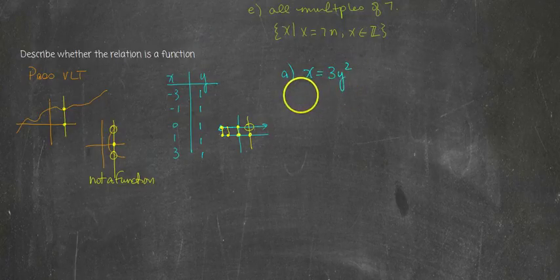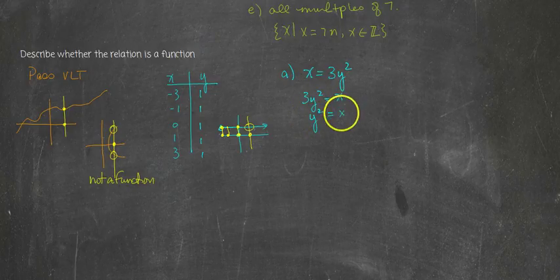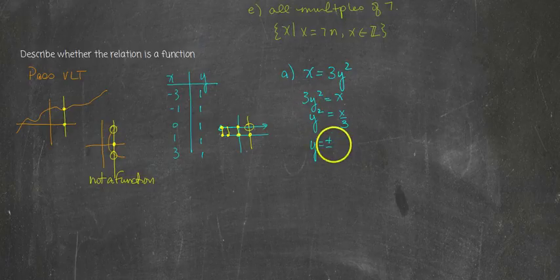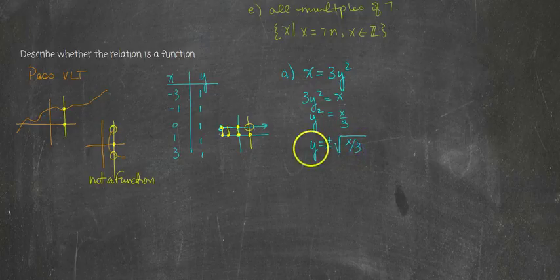So I like my y on the other side, so I'm going to do 3y squared equals x. I'm going to divide both sides by 3. And then I'm going to take the square root of both sides. So don't forget the square root property. When you take the square root of both sides, you have to include the plus or minus, and so I get y equals plus or minus the square root of x over 3.